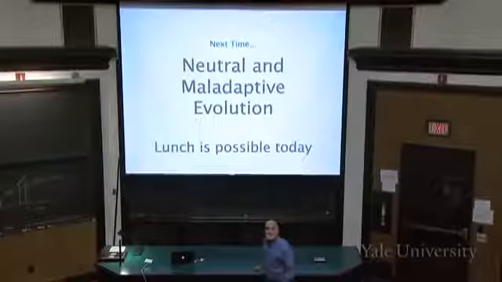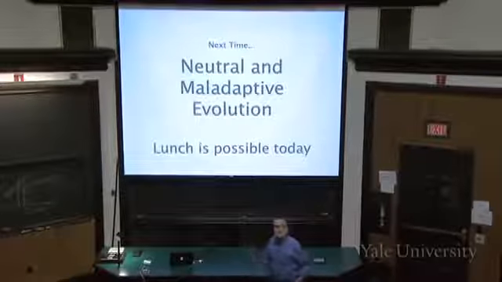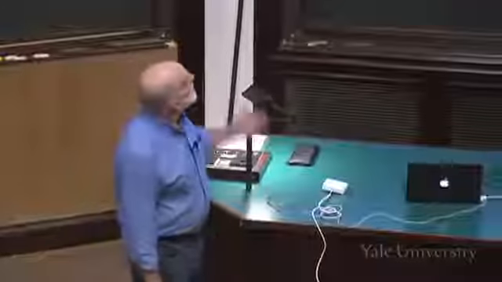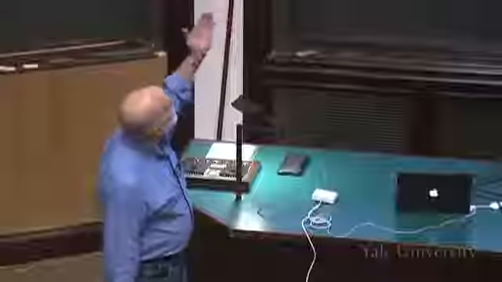Okay, next time, neutral and maladaptive evolution. Leave that off the board, but I do want you to have it so it makes it easy for you to review this when you download it and you look at it in your notes, because it does summarize the main points. Basically, what I'm going to do is tell you that evolution can be either adaptive, in which case it has been driven by and shaped by natural selection.